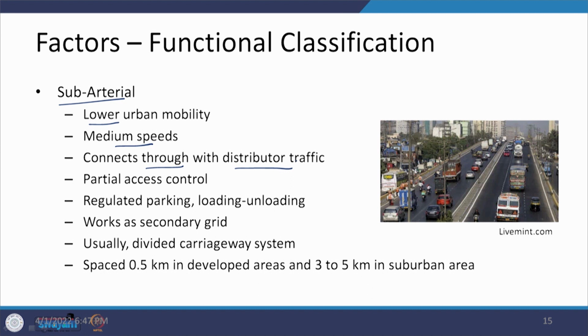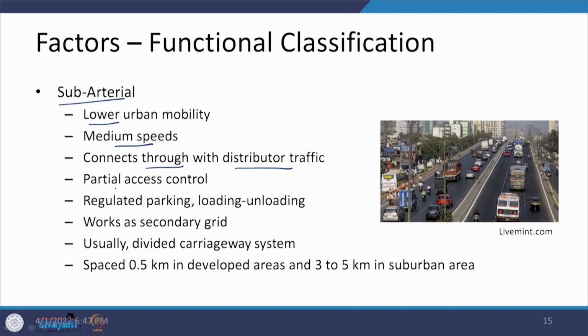So it works as a link between the highest facility and a facility at a lower level. Then partial access control is another aspect here, in terms of parking, loading and unloading, which needs to be regulated on these roads.